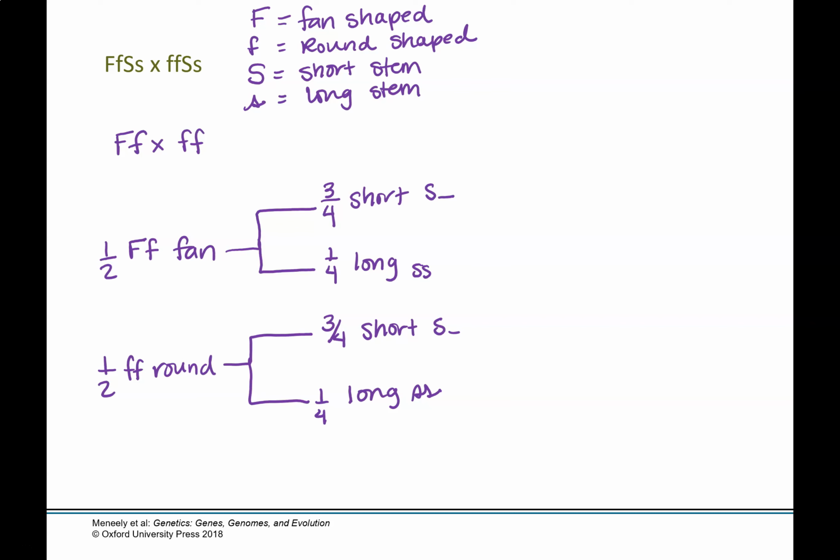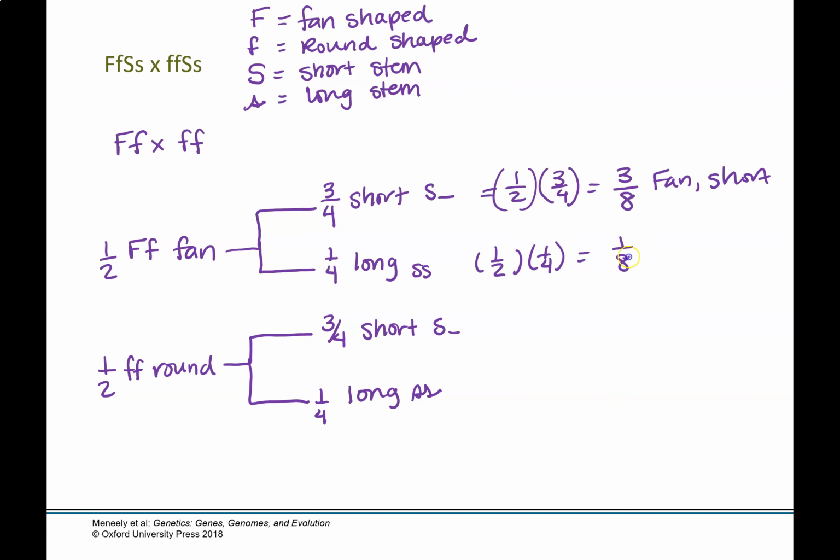So now let's say we want to determine the probability of having a fan-shaped plant with short stem. That is going to be 1/2 times 3/4, which is 3/8. And this is going to be fan and short. So we can continue to calculate these. The probability of a fan-shaped leaf with long stems is 1/8.